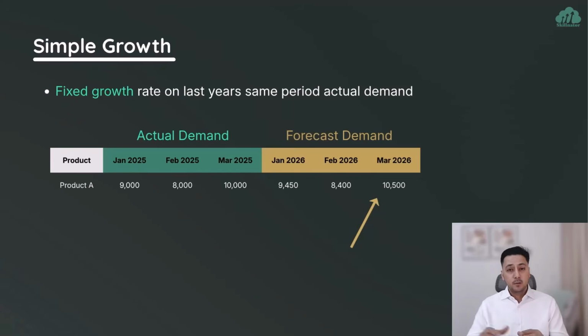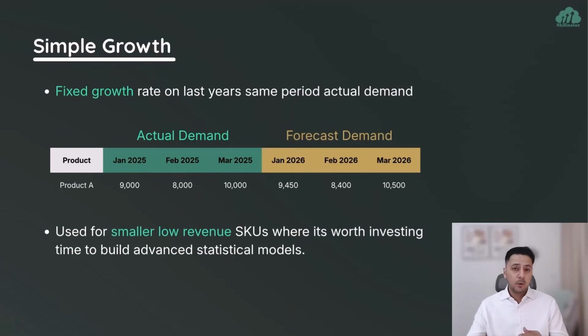In practice, this technique is most commonly used for low volume or low impact products. Not every SKU in your product portfolio would deserve the same level of analytical effort. For products that contribute very little to total revenue, have very low volumes, or are relatively stable and non-strategic, it often does not make sense to invest time building complex statistical models.